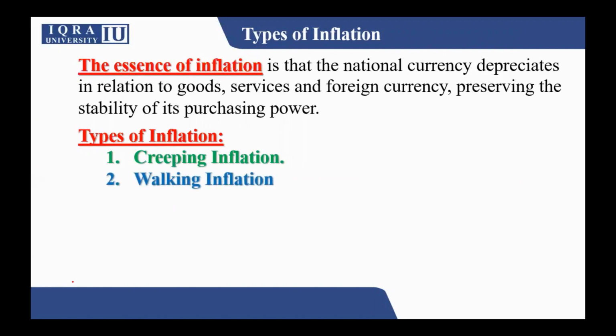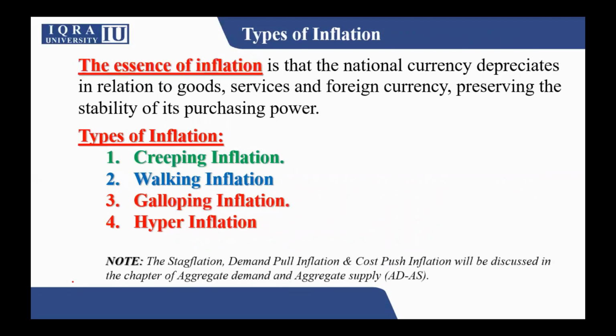Number two is walking inflation. Number three is galloping inflation. Number four is hyperinflation. There are multiple types of inflation, but this is an introductory course of principles of macroeconomics, so we're not going to study all types of inflation. These are the major types of inflation.